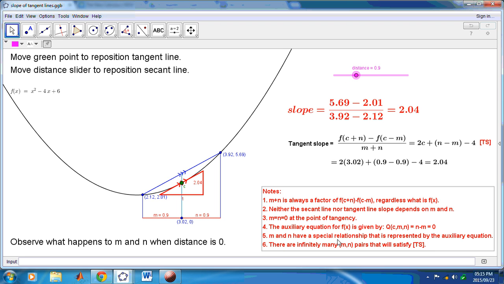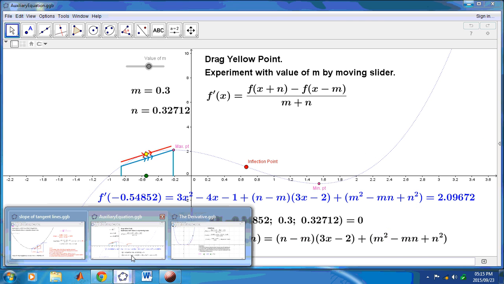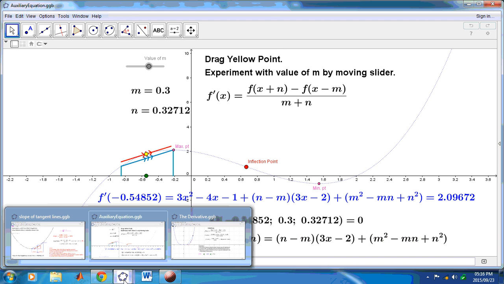M and n have a special relationship that is represented by the auxiliary equation. The auxiliary equation is this Q of c, m, n parameter. There are infinitely many m, n pairs that will satisfy this equation, which we use to find the tangent line slope. Let's look at the auxiliary equation very quickly.